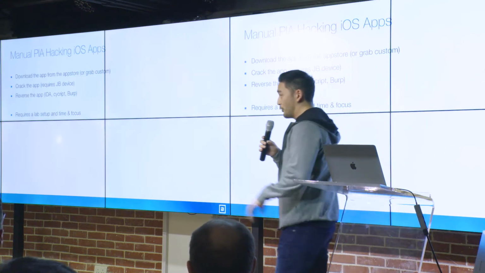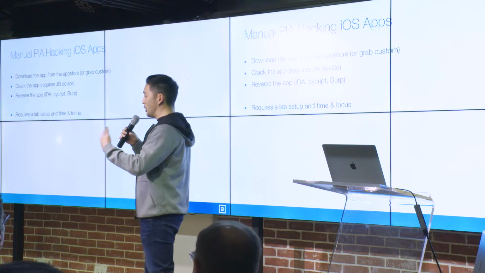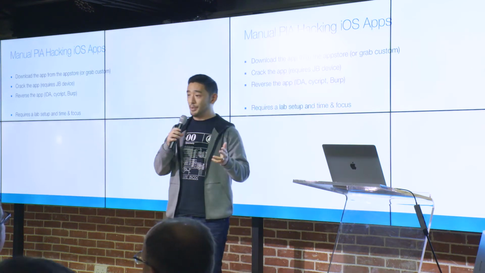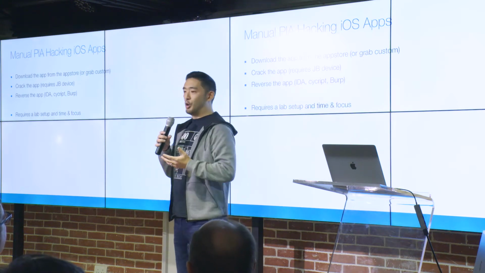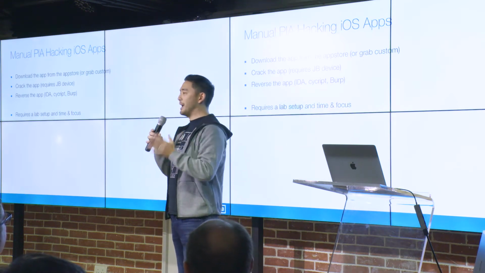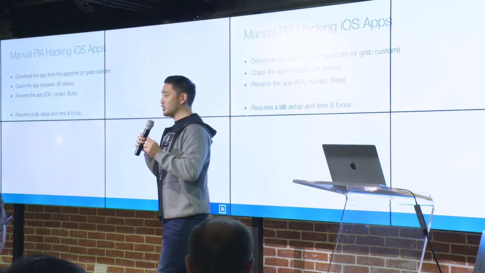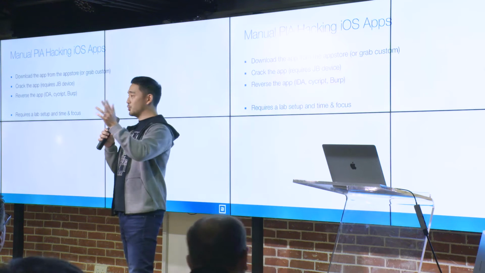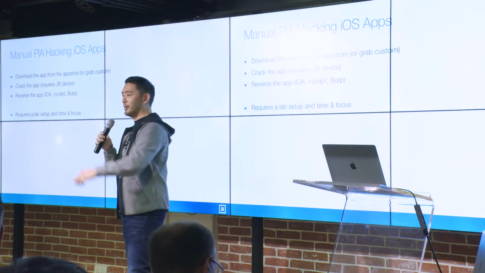For those of you who may or may not be familiar with hacking mobile apps, I'm going to focus on iOS applications, so anything on iPhone. When you hack mobile apps today, it's a real manual, pain in the ass process. The way it's done is you find an app that you want in the App Store, whatever it happens to be, Bank of America, Instagram, Twitter, you name it.